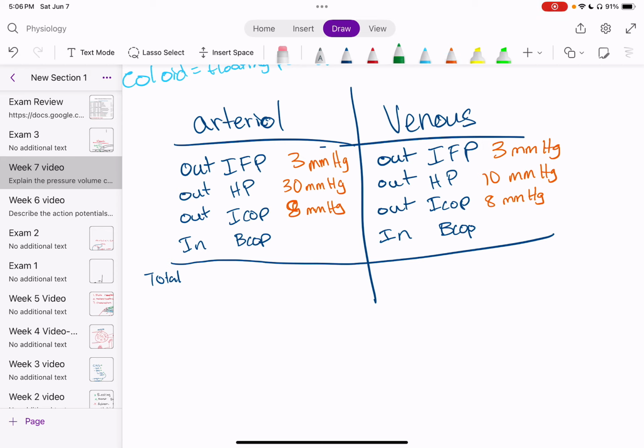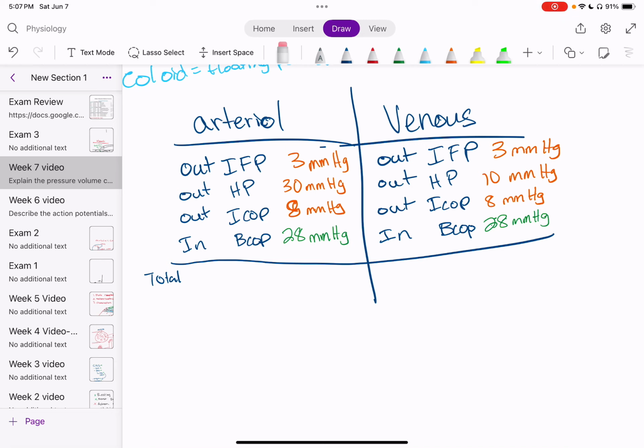And for BCOP, it stays consistent at 28 millimeters of mercury. And as we total this up, we can see that this will cancel, and our net will be 13.